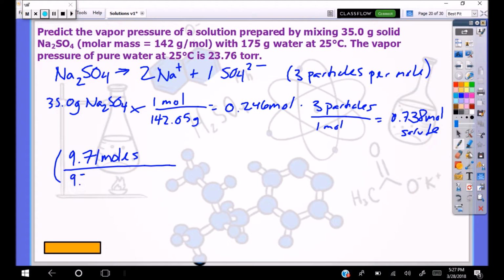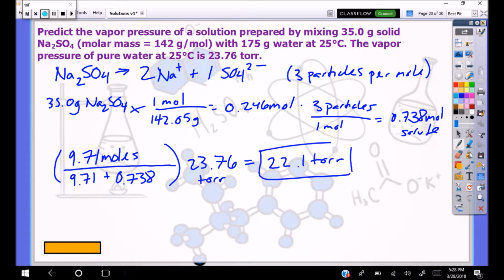Again, we've got a lot of problems to get through, so I don't want to waste time showing too much work. I can condense where I know you're capable, and just show you the new stuff. 23.76, and that's our torr, right? And we end up getting 22.1 torr as our vapor pressure.